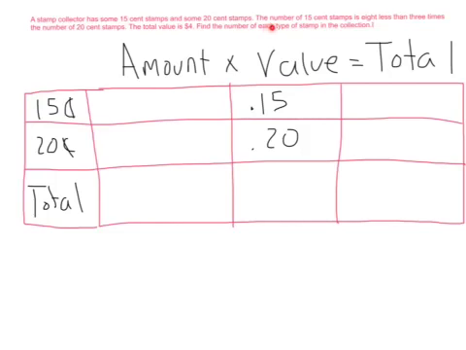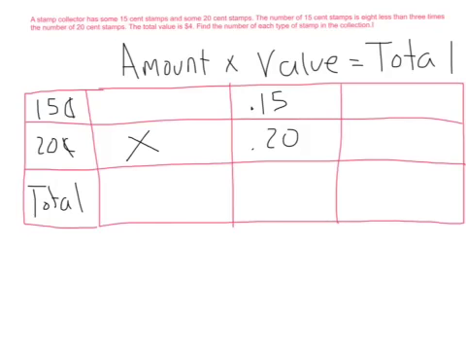So here, it says the number of 15-cent stamps is 8 less than 3 times the number of 20-cent stamps. Since it's comparing it to the 20-cent stamps, usually this is going to come second. Let's let x be our 20-cent stamps. So next to 20-cent stamps here, I'm going to write x. And I know it's comparing it to that, so that's going to be my x.